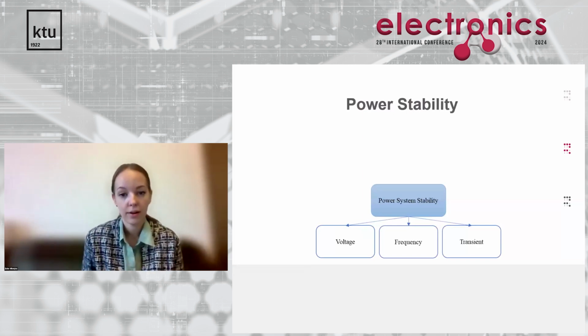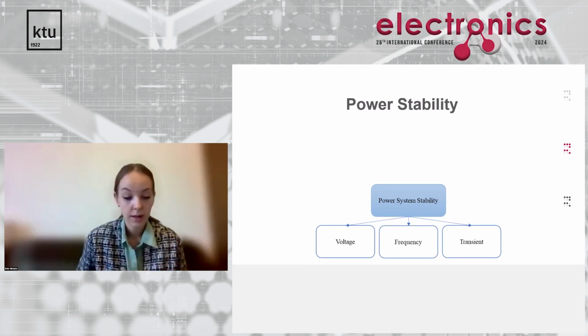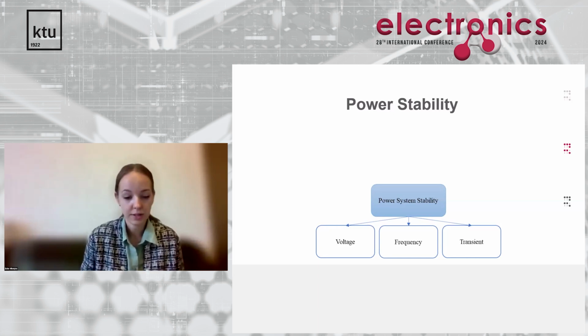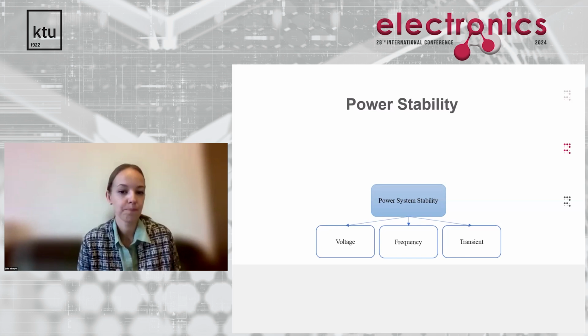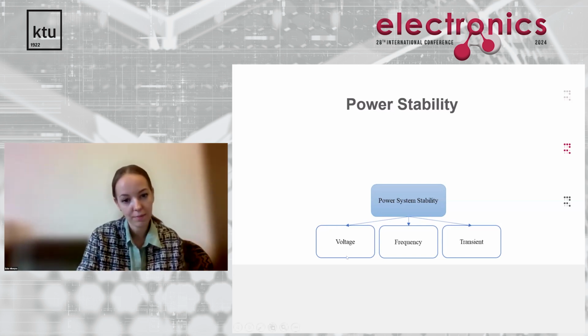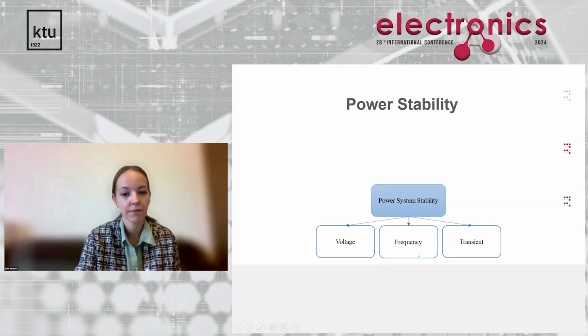Further, regarding power stability and where artificial intelligence could be used to guarantee that consumers receive a reliable power supply, the stability of the power system is essential. It is considered to consist of three main things: voltage stability, frequency stability, and transient stability.